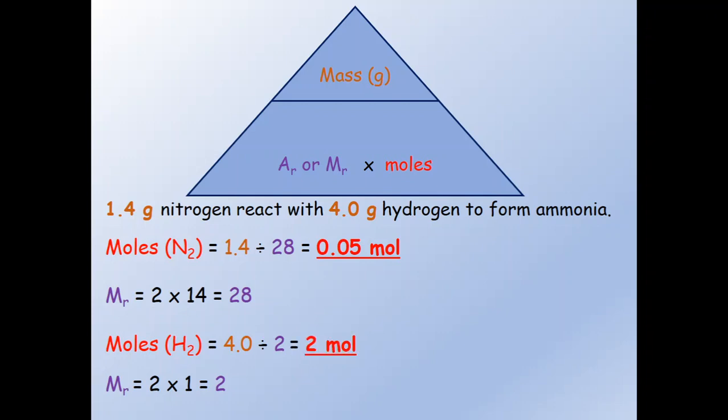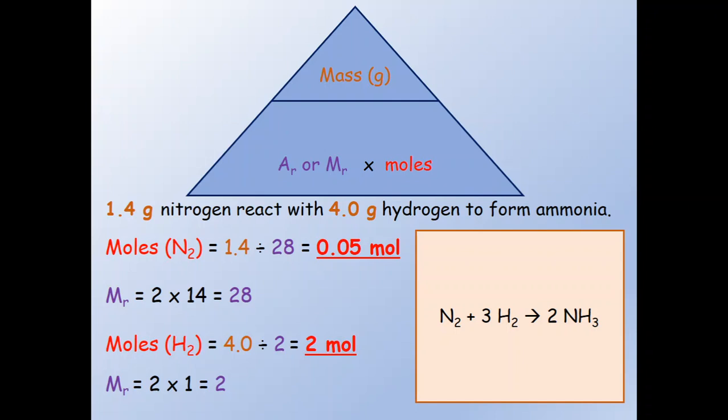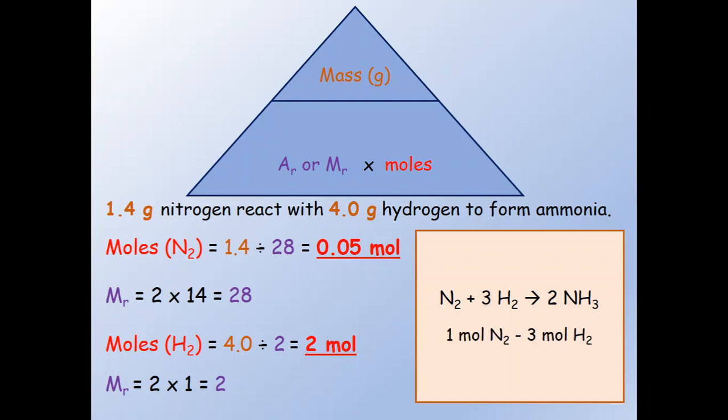Now to decide which reactant is limiting, we need to look back at the balanced equation, where we saw that 1 mole of nitrogen N2 reacts with 3 mole of hydrogen H2.